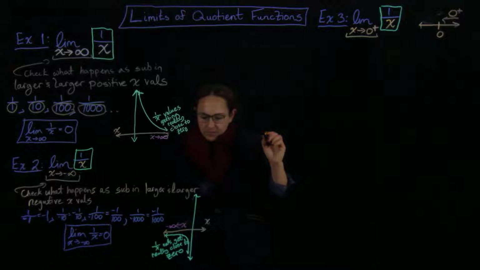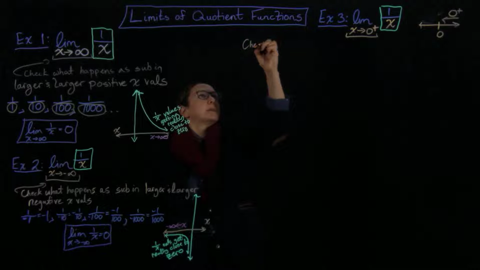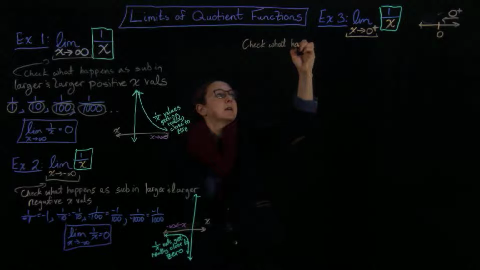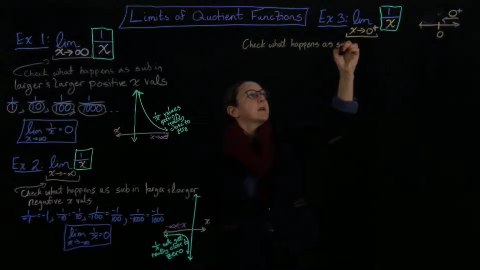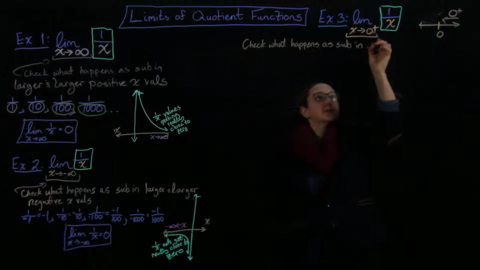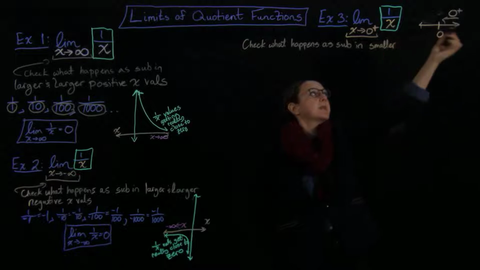Okay, so we're going to check what happens as we sub in. We want to get smaller and smaller because we want to approach 0. Smaller and smaller, and we're coming from that side, so they should be positive.